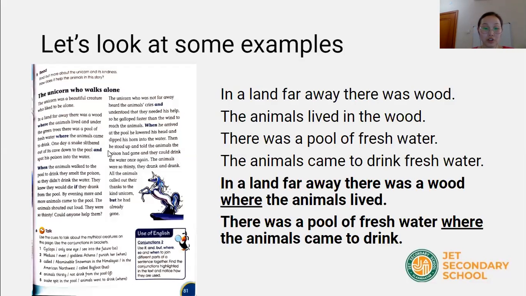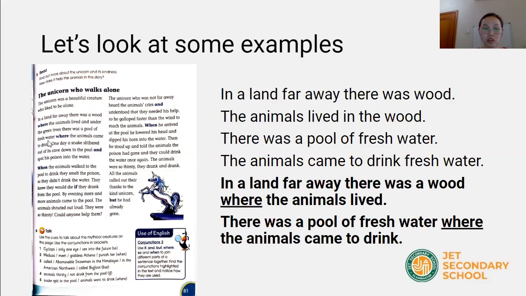Next one. Here, on your Learner's Book, page number 81, for this lesson you're asked to read the myth called The Unicorn Who Walks Alone. So let's look at some more examples from this myth. In the second paragraph, first part, it says, in a land far away, there was a wood where the animals lived under the green trees.